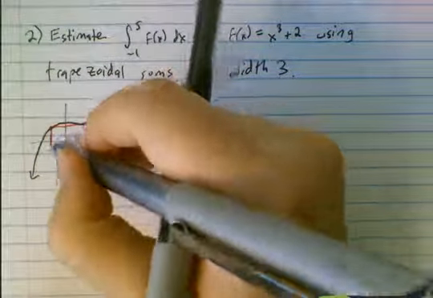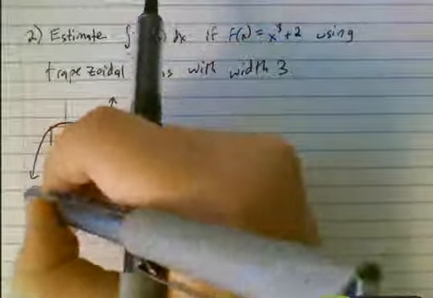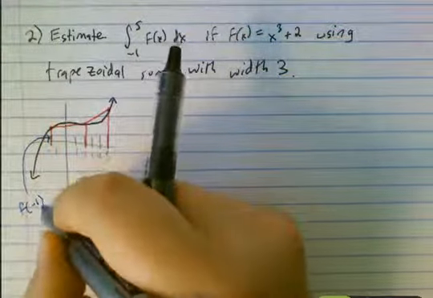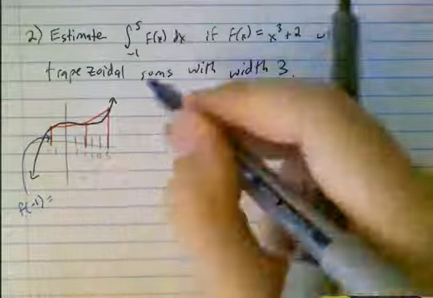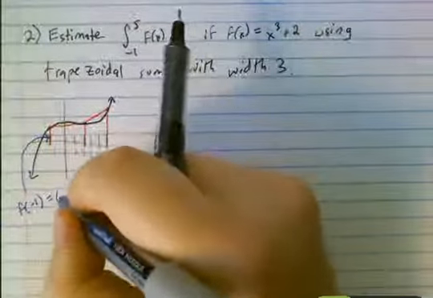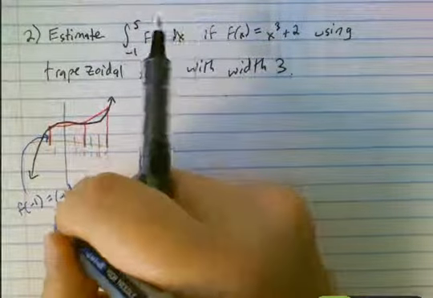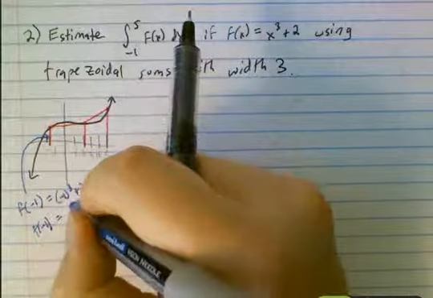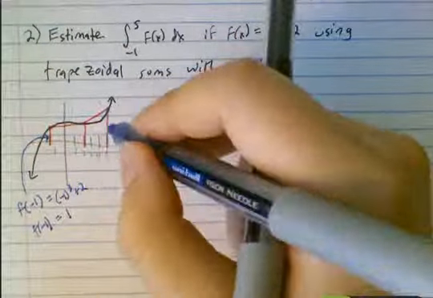And we can see that this width here is 3, this width here is 3, and when we're using these heights here, f of negative 1 is going to be negative 1 cubed plus 2, or 1.